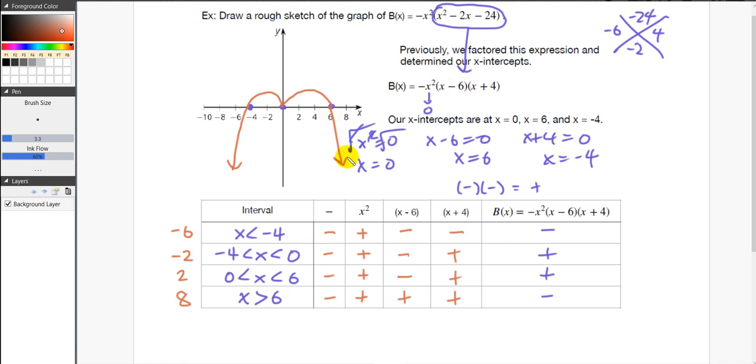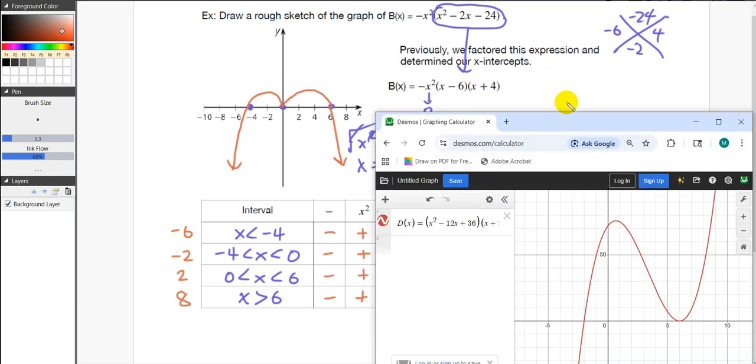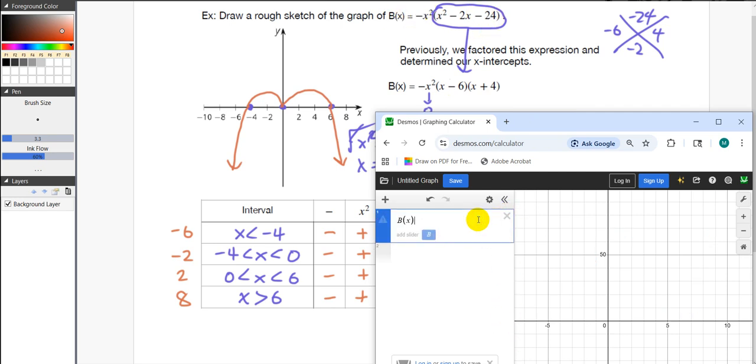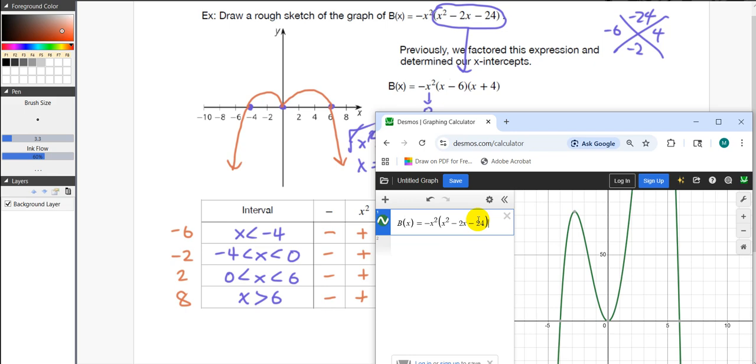Okay. Now, again, what you could do as well is check this in Desmos. If I took this function that you see here, I type in b of x equals negative x squared times x squared minus 2x minus 24.